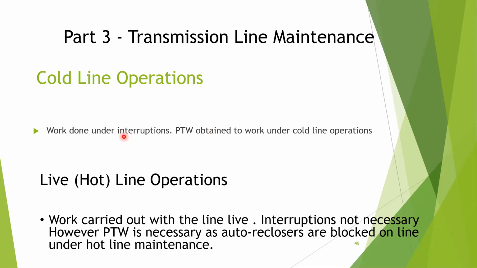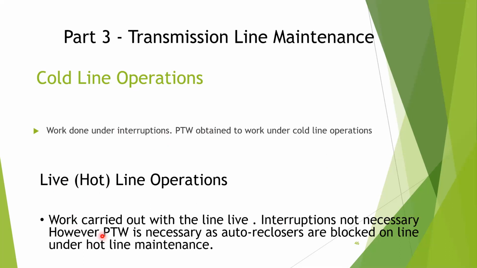Only thing, when the other line on the same structure is live, you have to maintain the clearances, and then you have to earth the conductors properly, otherwise there will be induced voltages and so on. So live line operations, that is also called hotline operations, work carried out with live line, interruptions not necessary.